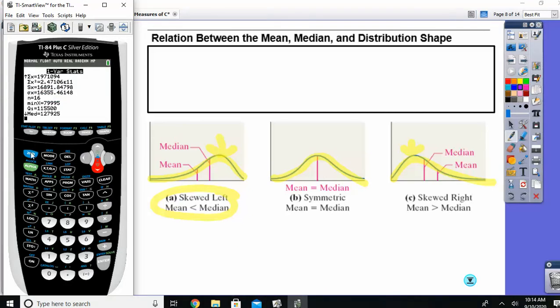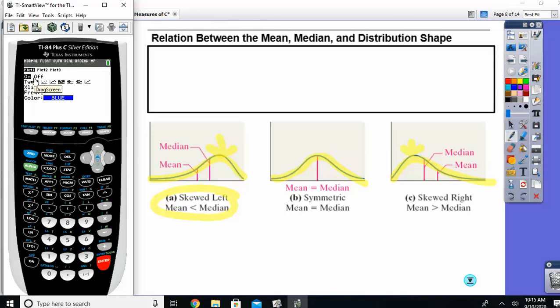remember if we go to second Stat Plot, you should have plot number 1. I want to turn that on. So yours may be on or off depending on the last thing you did. And I want the bar graph. Second, and then the Y equals button.